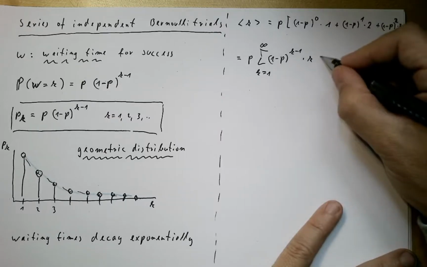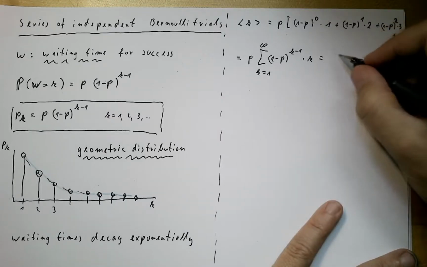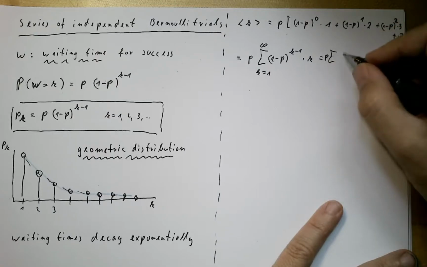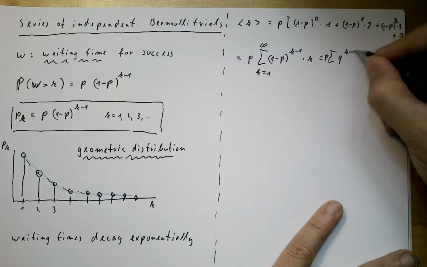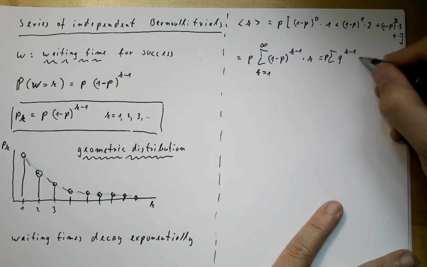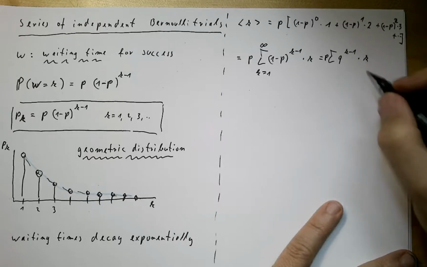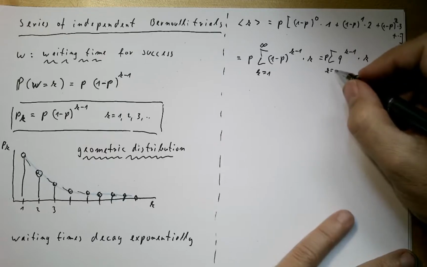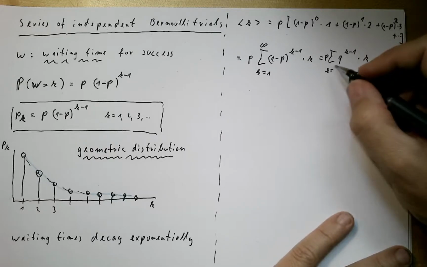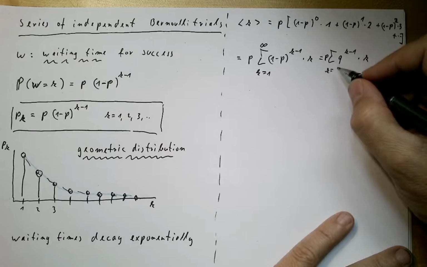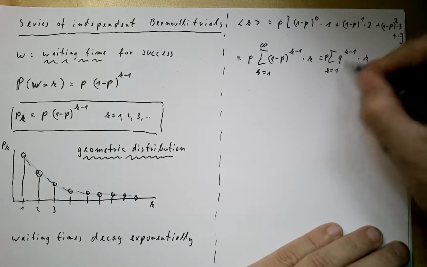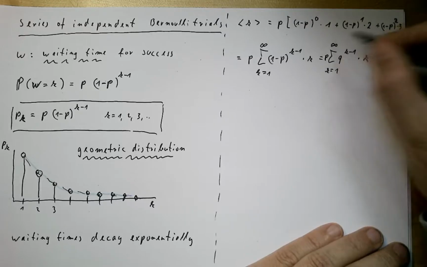So we have here a sum with p, and then we have q to the k minus 1 times k, and k goes from 1 to infinity.